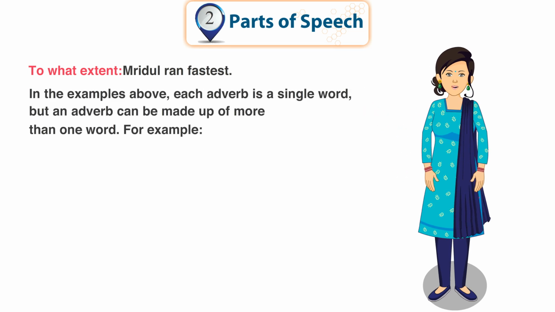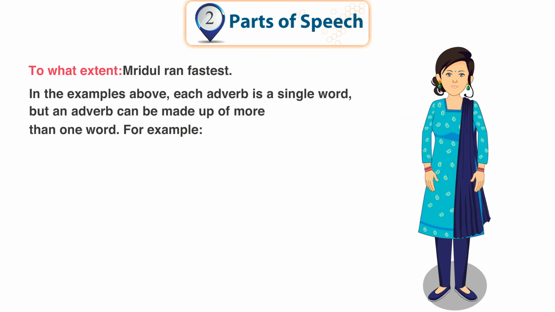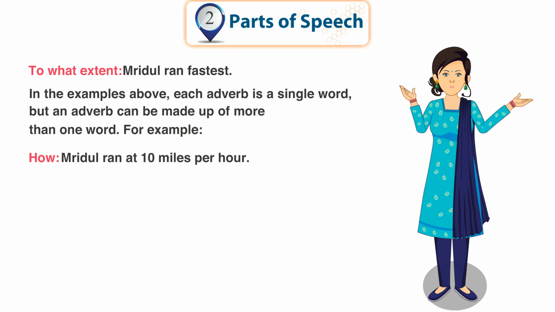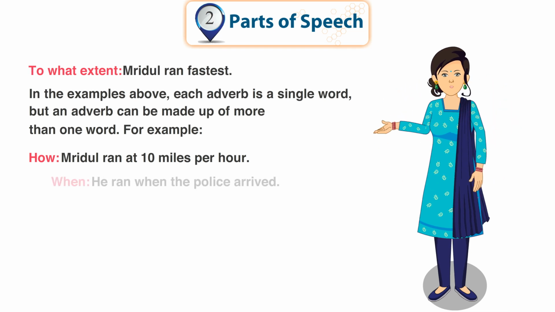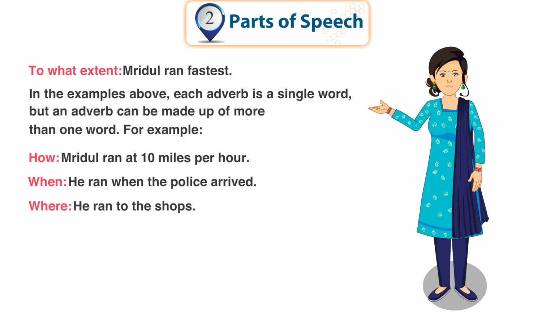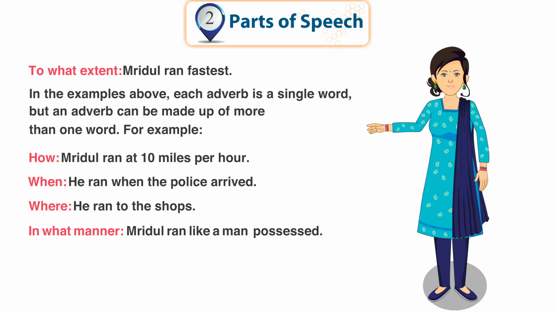In the examples above, each adverb is a single word, but an adverb can be made up of more than one word. For example, how: Mridul ran at 10 miles per hour. When: he ran when the police arrived. Where: he ran to the shops. In what manner: Mridul ran like a man possessed.